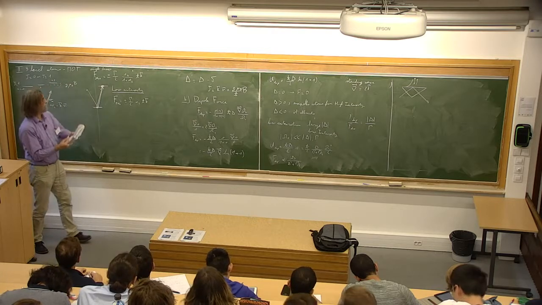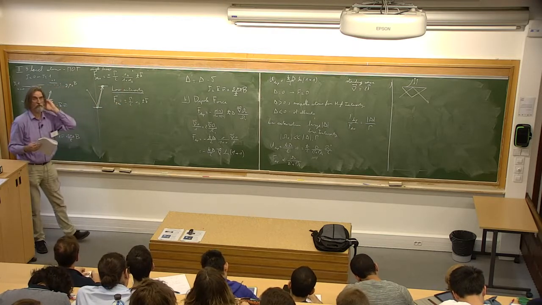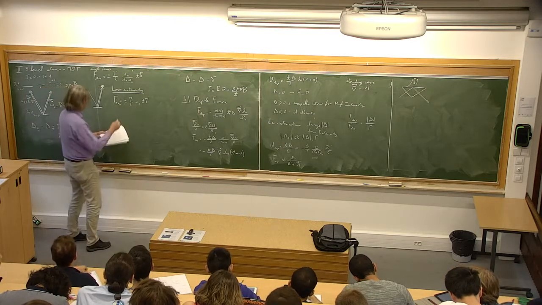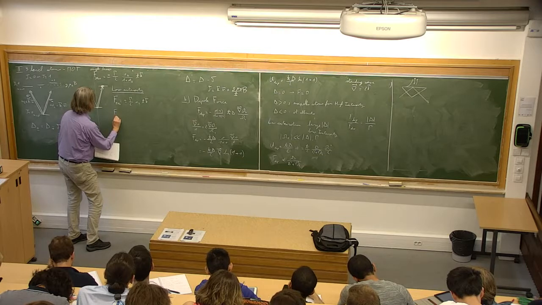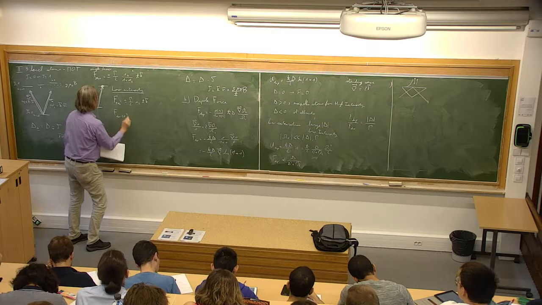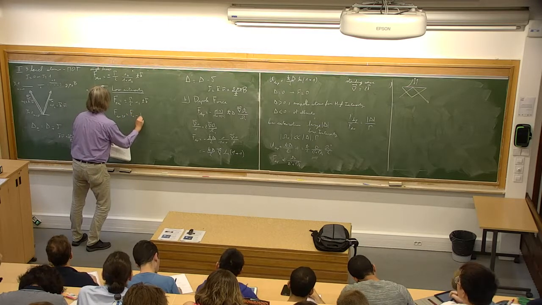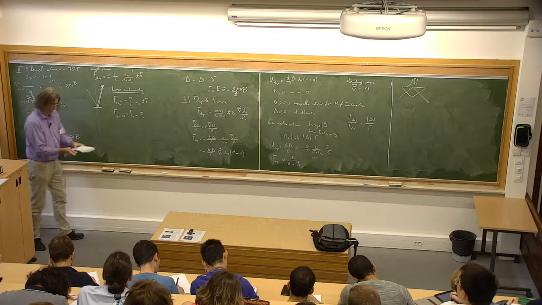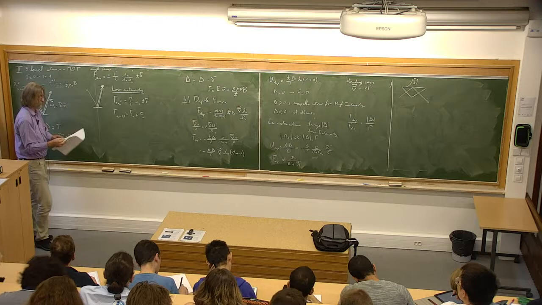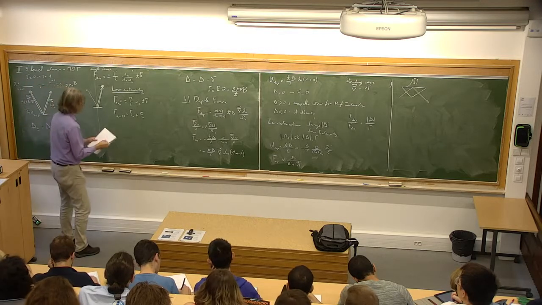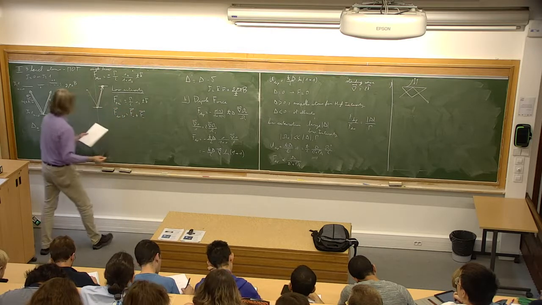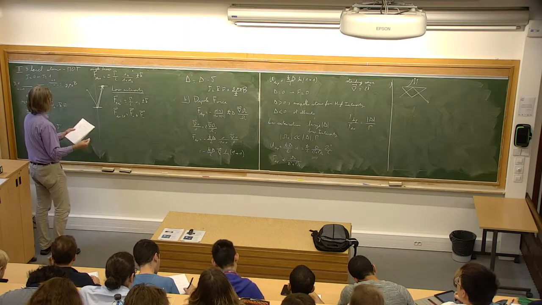And now, in this low intensity regime, I can sum up the two forces and say that the total dissipative force is just F plus minus F minus. No plus, in fact, because they have opposite directions. And at that point I can do everything I want.